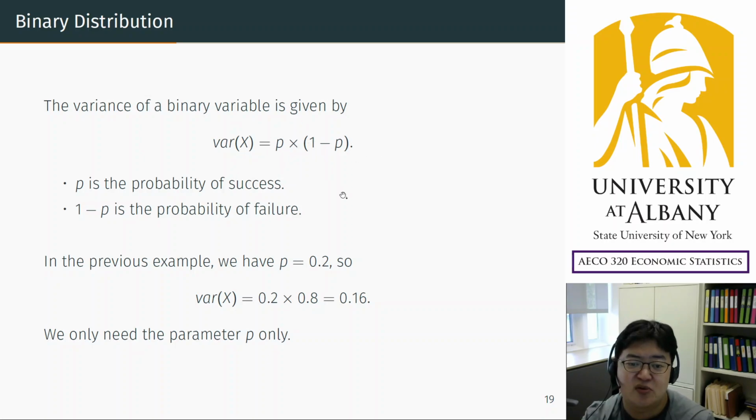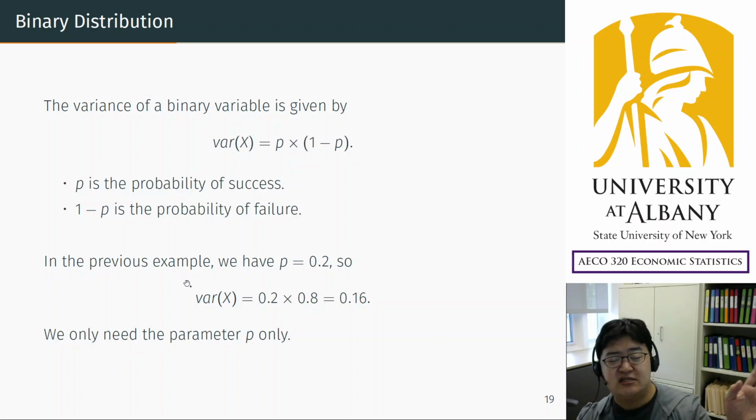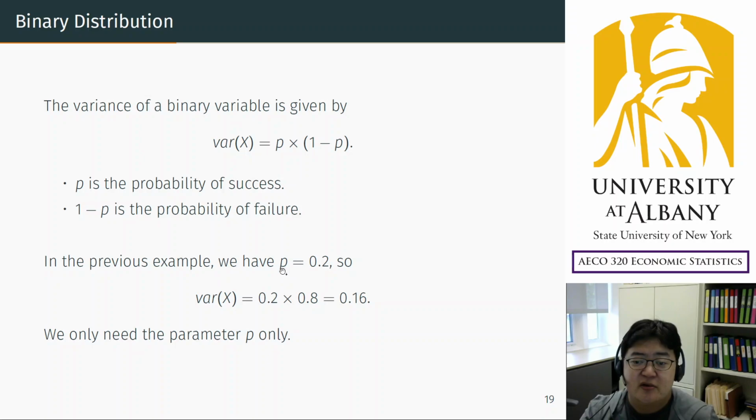Success probability, failure probability. And in our homework randomization example, the parameter was 0.2, and the variance could be calculated this way: success probability times failure probability, which is 0.16, exactly the same variance as we calculated.